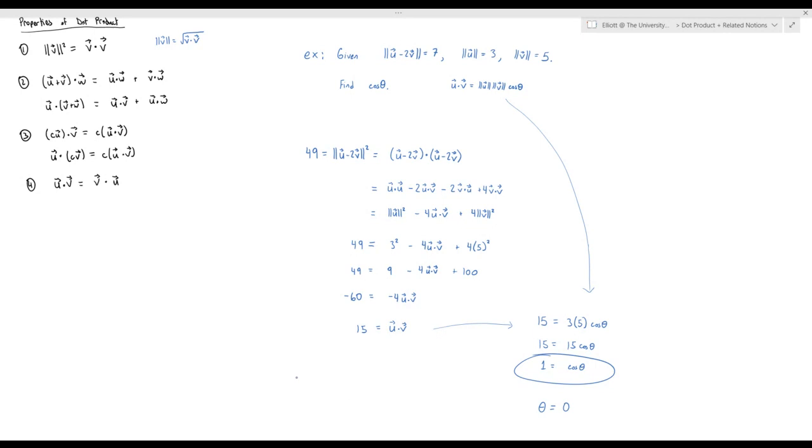What I would highlight is keeping in mind how you can write a norm squared as a vector dot product with itself, and being aware that when you have an expression like this, you can FOIL it out. Those are the important things I would highlight in this example.